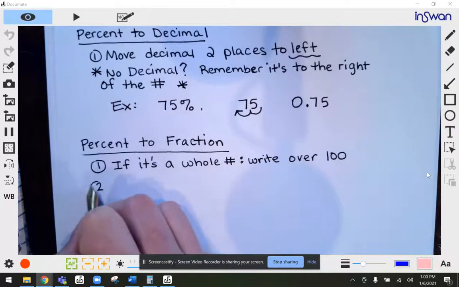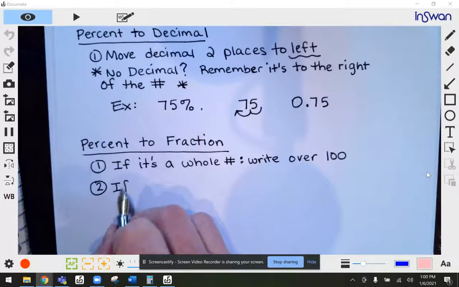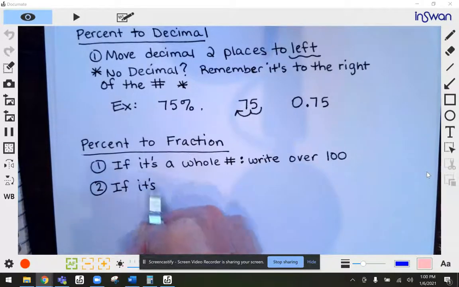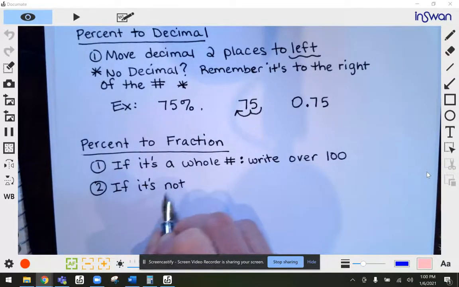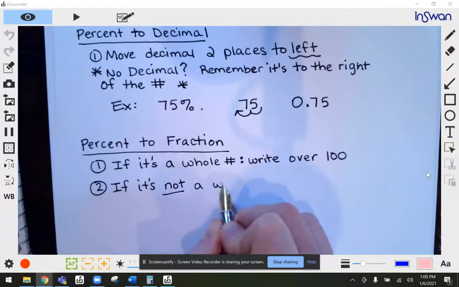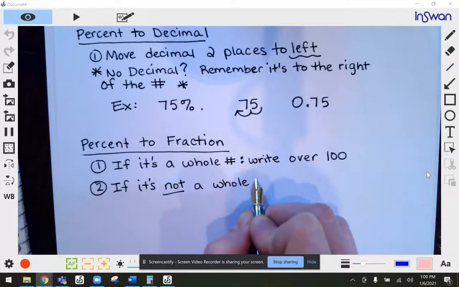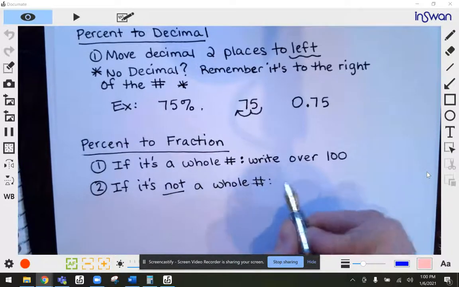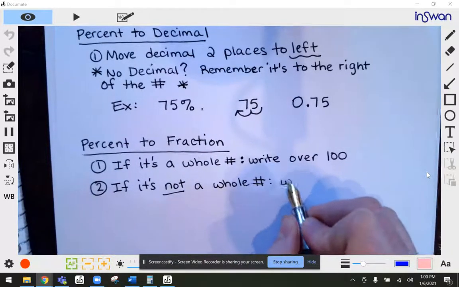Okay, if it's not a whole number, I want you to first do the same thing, write it over 100.